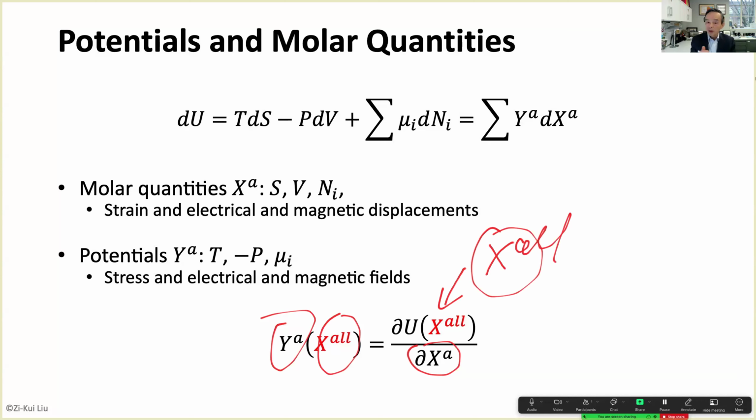If you change a molar quantity, other potentials will change too. But you can independently change V and Ni, but not S, because S is a function of Ni. We can also think about volume as a function too, but we'll talk about that later.